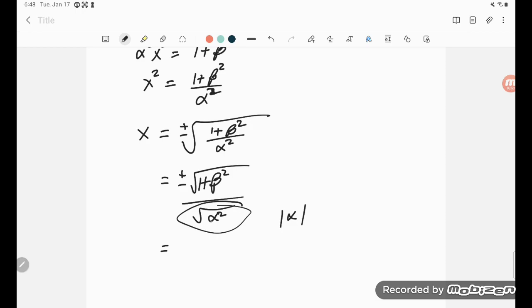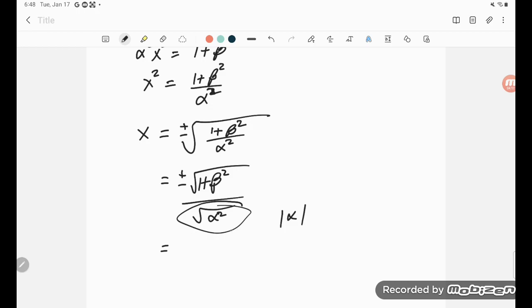Because if alpha were a negative number and I squared it, suppose alpha were negative 2 and I square it, I get 4. And then when I take the square root, I get positive 2, not negative 2. So this really is an absolute value of alpha.